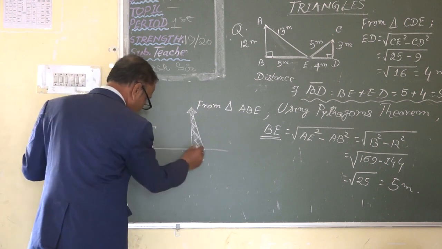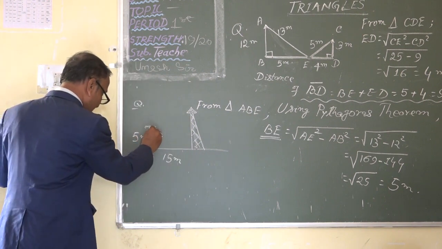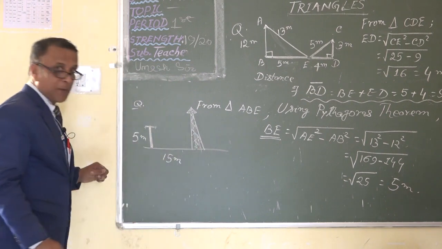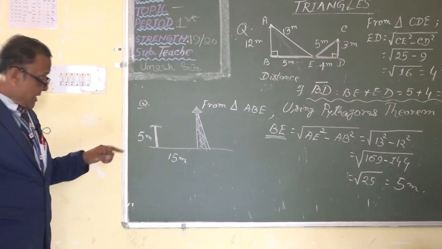The distance between these two is 15 meter. The distance between the electric pole and the tower is 15 meter. ठीक है? Understanding or not?